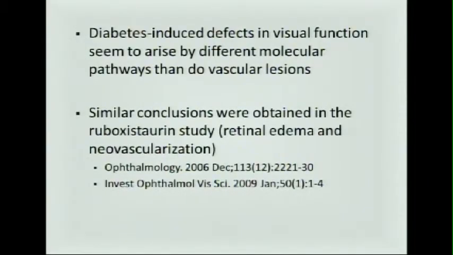The same kind of conclusions were obtained over the last couple of years in the ruboxistaurin trial for protein kinase C inhibition. Basically, what they found was that this therapy had significant effects on visual acuity, but had no beneficial effects on neovascularization or other morphologic descriptors of diabetic retinopathy that we've been using clinically for a long time.